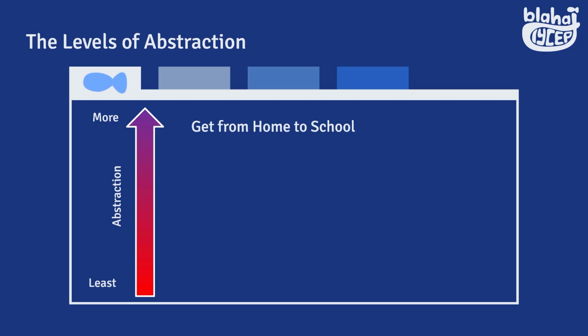When you give someone an instruction, you can give them an abstract instruction like get from home to school. If you just tell someone that without giving them further instructions, there's so many different ways that they can approach it. This is the highest level of abstraction, the command in general. You go down one level and it's a bit more detailed, a bit more granular: take the MRT from home to school.